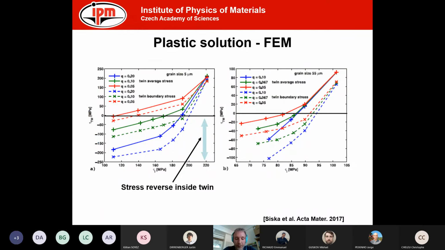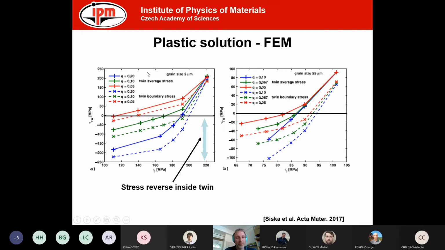So we simply performed a parametric study. We applied different levels of initial twin shear on different twins with different aspect ratios, and we calculated the twin shear stress inside the twin.